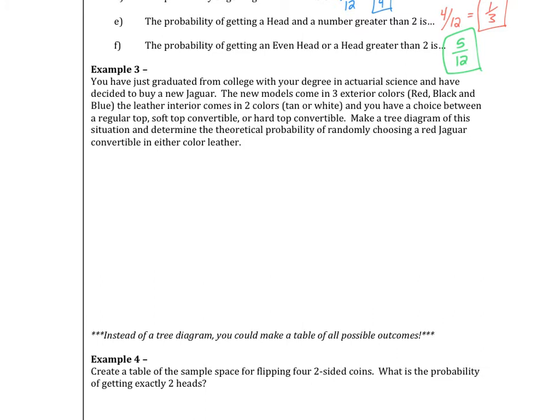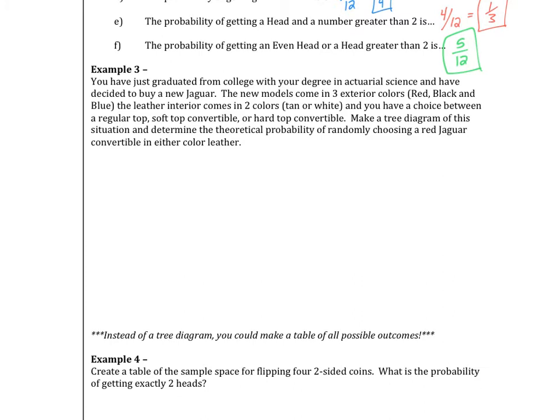The leather interior is 2 colors. It could be tan or white. And you have a choice between a regular top, a soft top convertible, or a hard top convertible. Make a tree diagram of this situation and determine the theoretical probability of randomly choosing a red convertible with either color level. A red Jaguar convertible in either color leather.